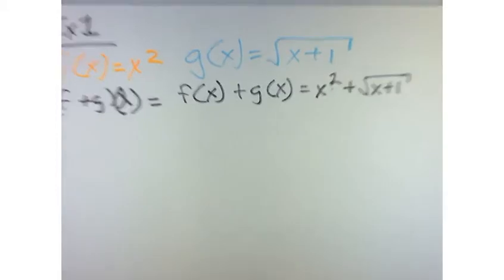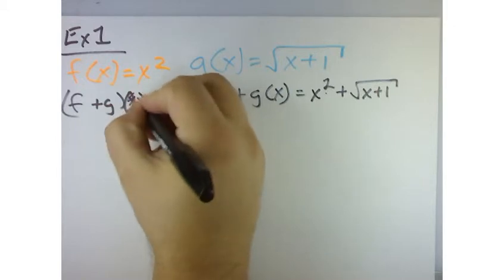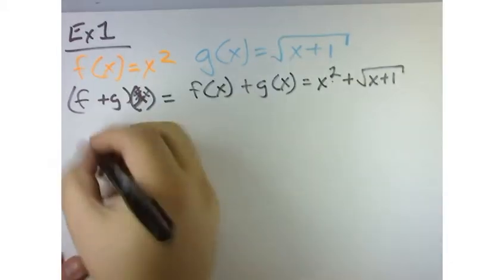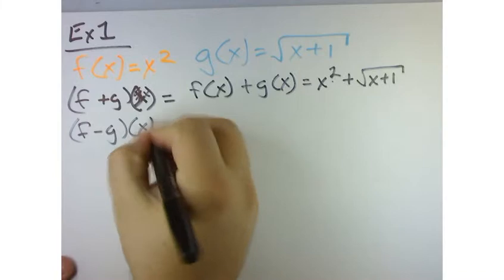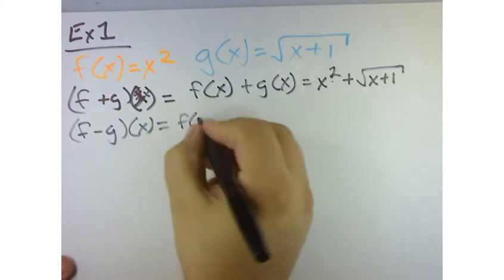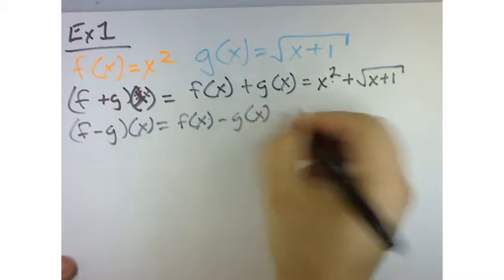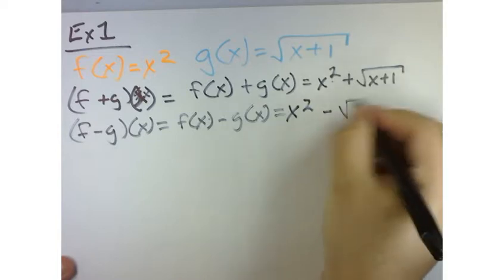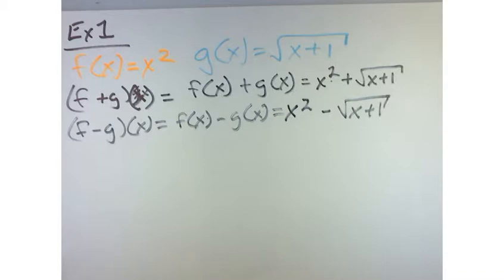That's it. My x looks a little funny. Okay? Now, if I wanted to do f minus g of x, I would say f of x minus g of x.